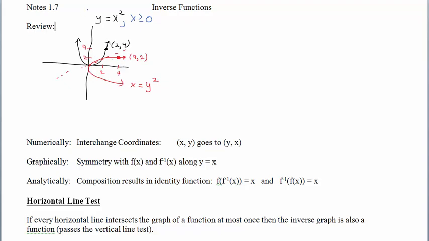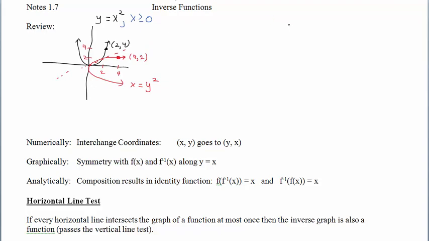In that case, this restricted y equals x squared would be a function, and so would its inverse graph be a function if I took away this branch by restricting the left branch on the original function. Those are things we're going to be looking at, or at least be aware of. Let's look at another example.